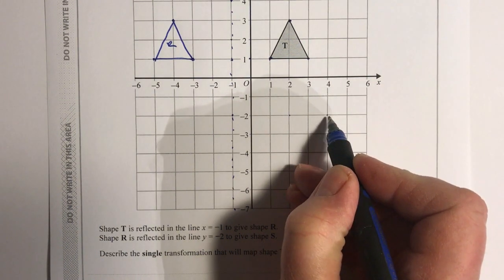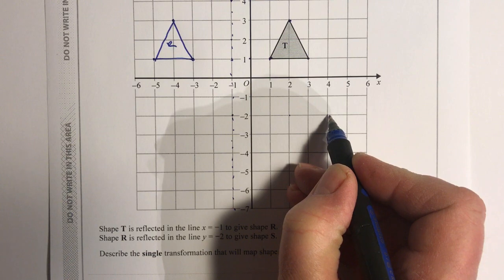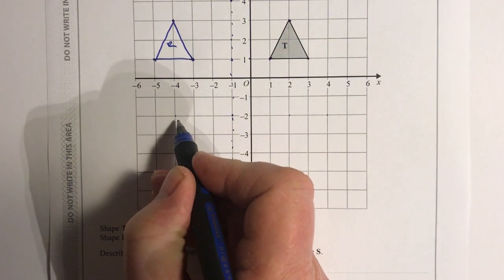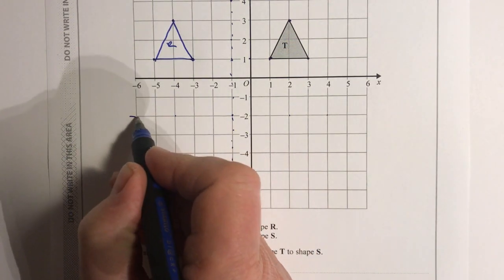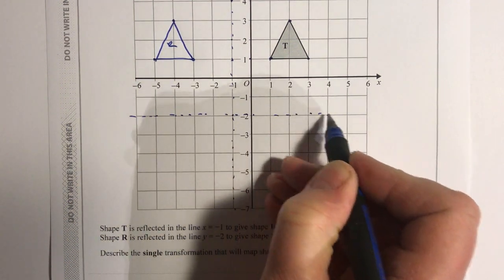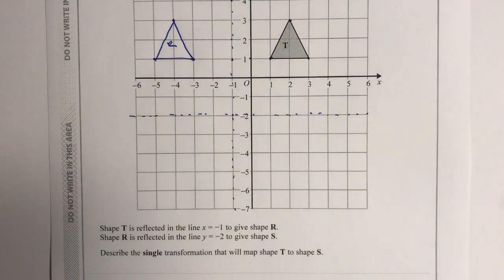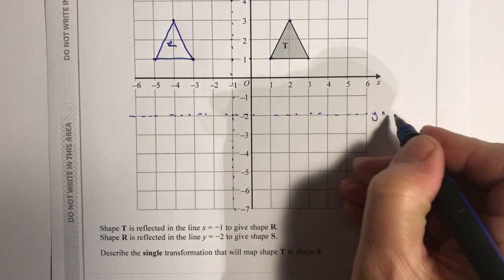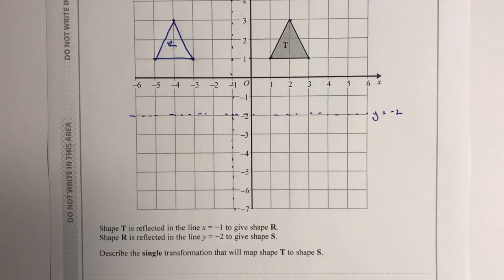Or this point here, x is 4, y is -2, -4, -2. So this particular line along here is where y equals -2. So y equals -2. And now we're going to reflect shape R in that line to give shape S.